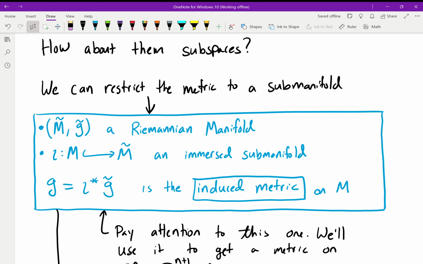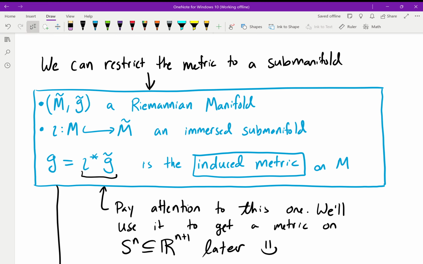So if you take your inclusion map from your submanifold to your manifold, then do the pullback on the metric there, you get what's called the induced metric on the submanifold. You want to pay attention to this one. It's a surprise tool that'll help us later, particularly when we start talking about metrics on spheres, because the n sphere lives in R^(n+1), and so that gives us a convenient way to talk about metrics on spheres.